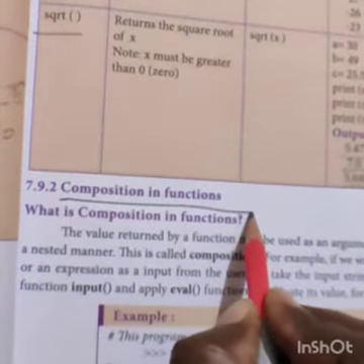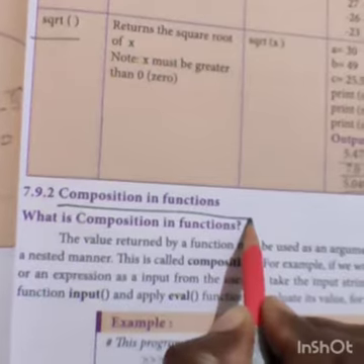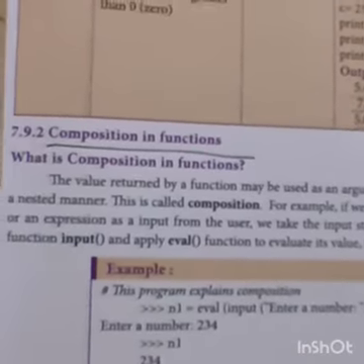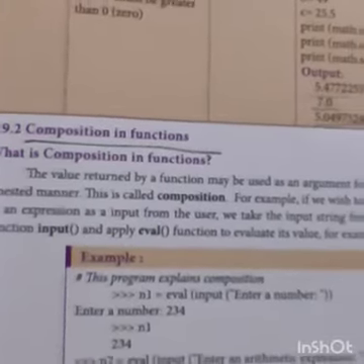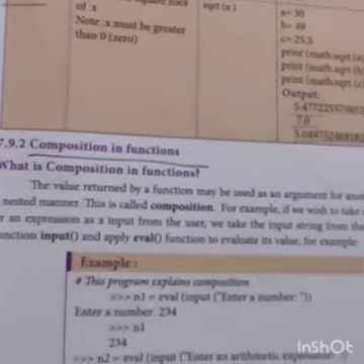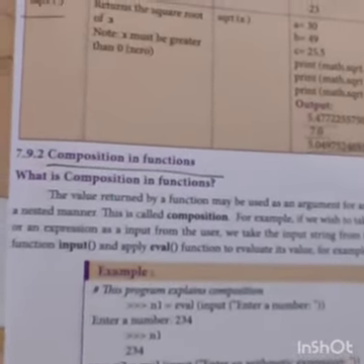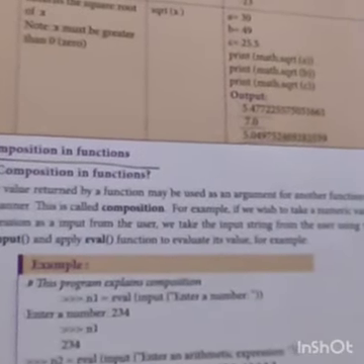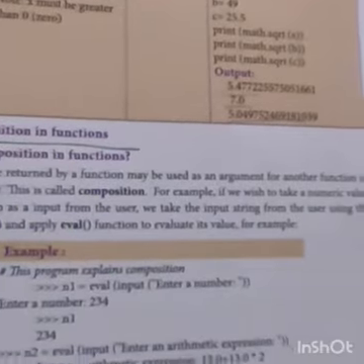Composition in function. What is composition in function? Composition means, see here, everything in a nested manner. Nested manner means one or more functions inside another function.